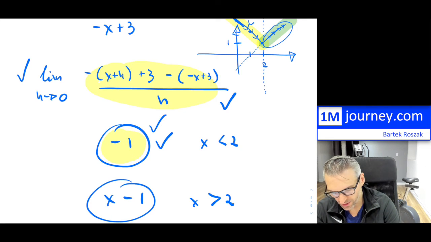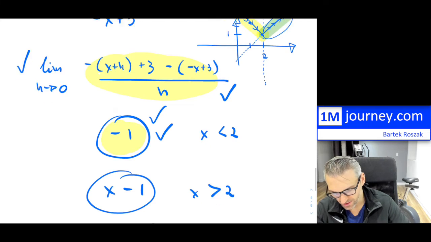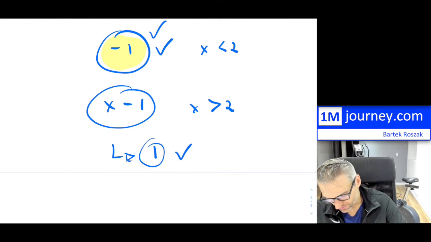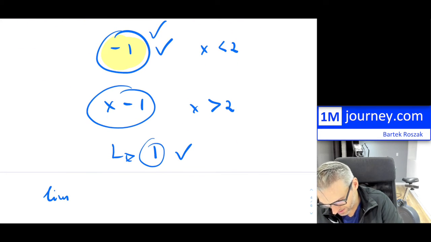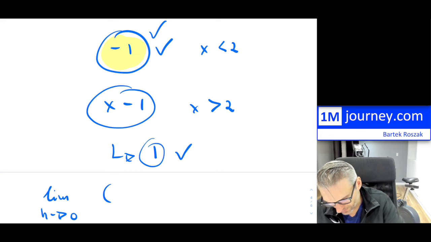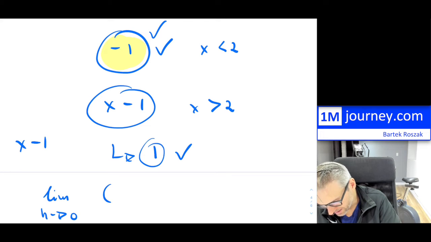And then for the green one, you would say that you were trying to find the limit as h approaches 0 of the function x minus 1.